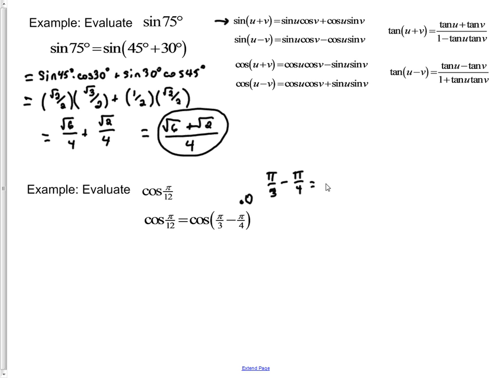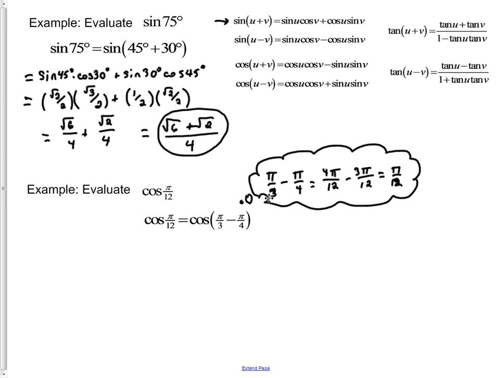So in fact, we are saying that we're taking 4 pi over 12 and subtracting from it 3 pi over 12, which is how we're saying that the cosine of pi over 12 is the same thing as the cosine of pi over 3 minus pi over 4. So bearing that in mind, let's evaluate this.